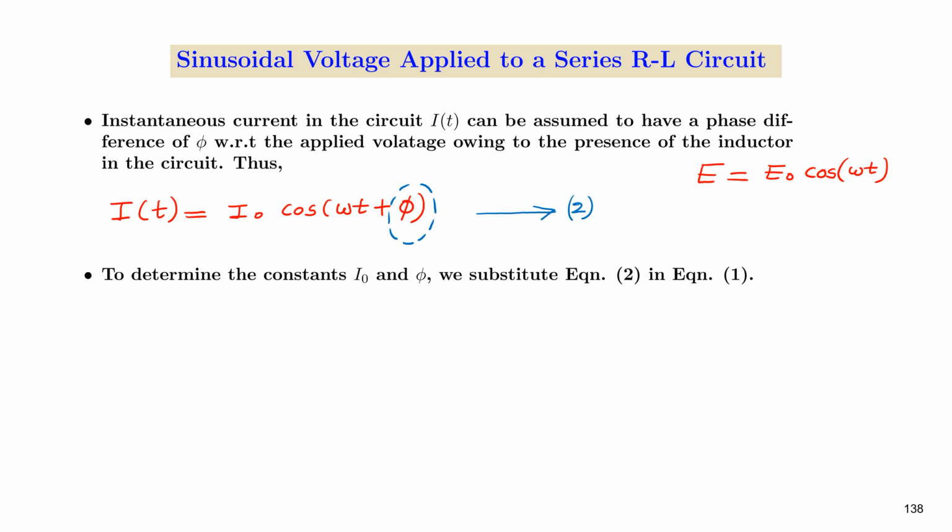For that, we will substitute equation 2 in equation number 1. So when we do that, it will be L I0 times minus sine(omega t plus phi) multiplied by omega, plus R I0 cos(omega t plus phi), equal to E0 cos omega t.